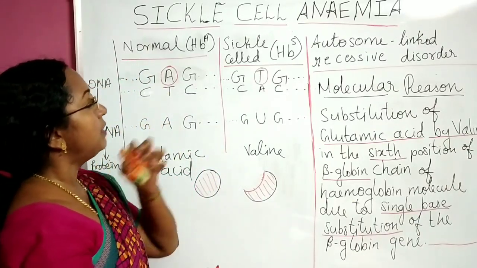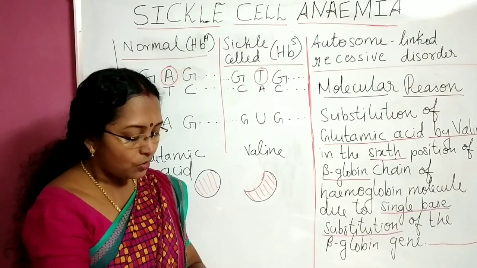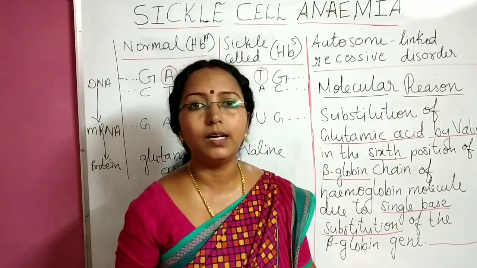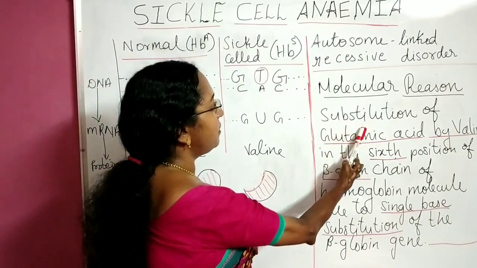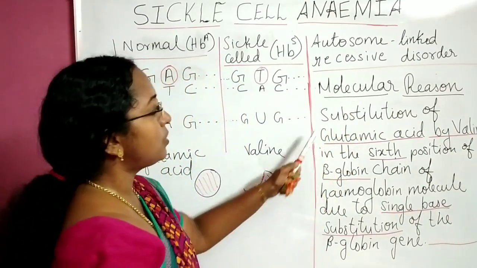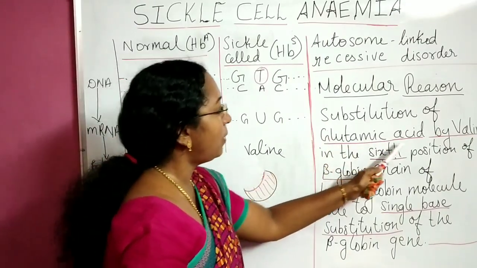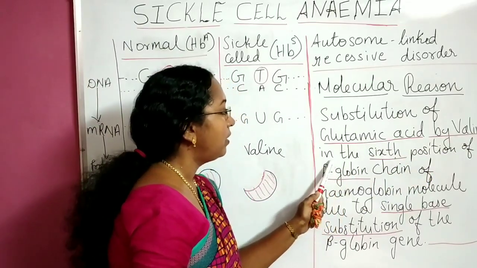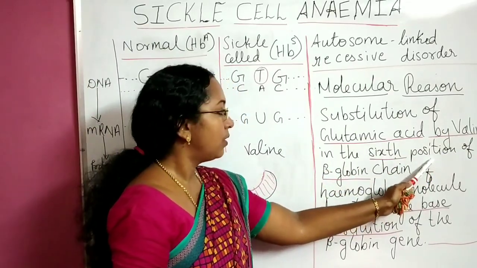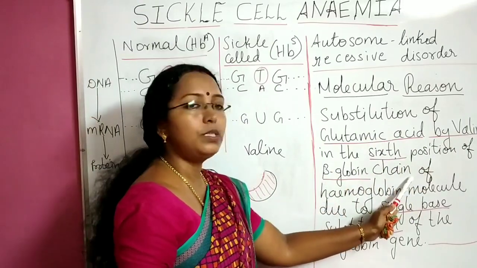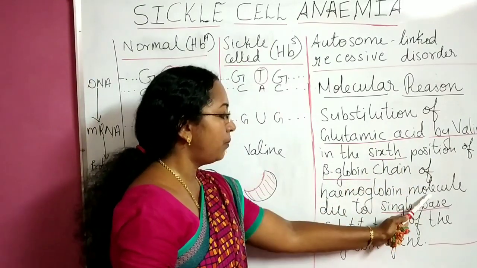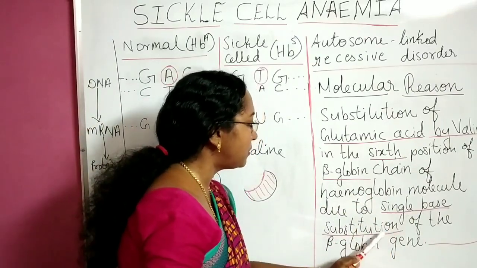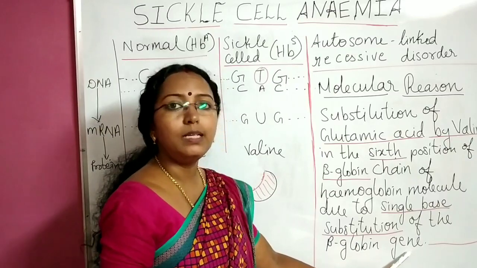So I hope the reasons for this are clear now. If in the question paper it is asked, what is the molecular reason behind sickle cell anemia? What will you write? Substitution. Molecular reason is substitution of glutamic acid by valine in the 6th position of the beta globin chain of the hemoglobin molecule, due to single base substitution of the beta globin gene.